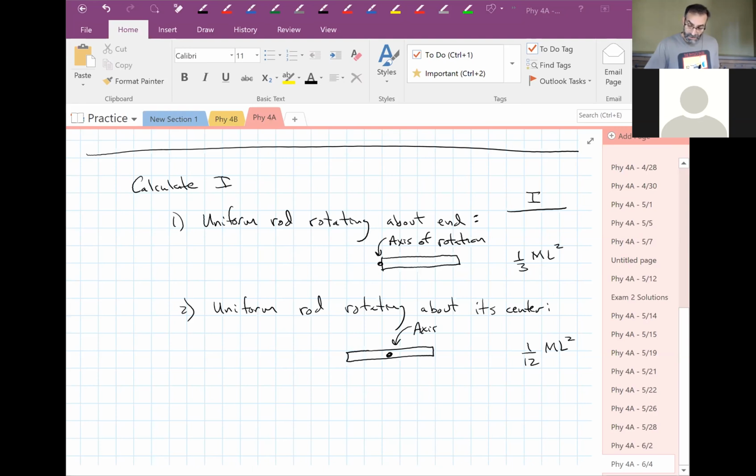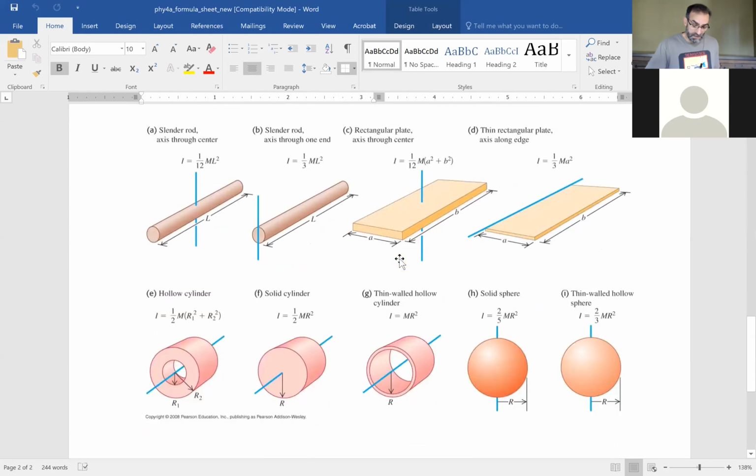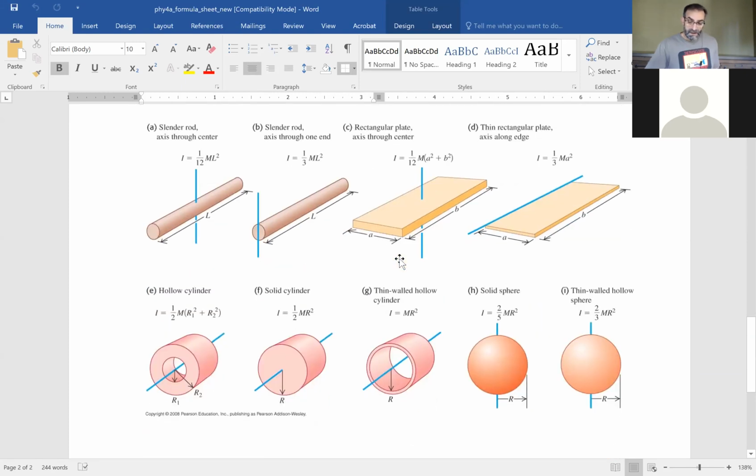Let me share this with you. Okay, so this is what I'm talking about. This is the table. And you can see here a slender rod, axis through the center, 1/12 ml squared. You see that? And then right next to it, because it's a very common shape, is a rod rotating about its endpoint.